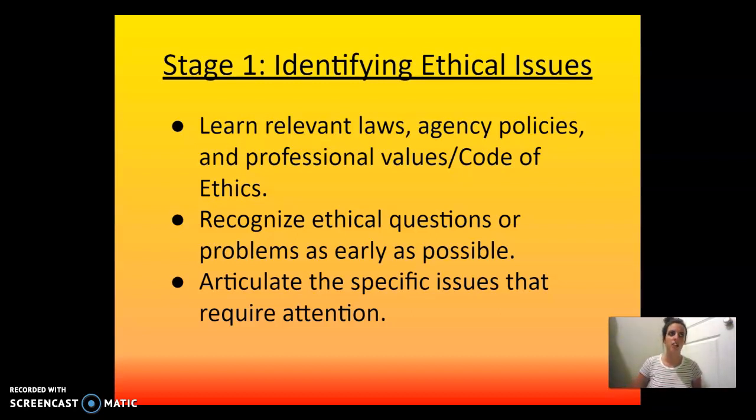It can come back and fall on us, even though we might not have done the ethical violation. Not addressing the problem early on can contribute to the problem, and it can put our licenses in jeopardy. So you want to address it as soon as possible, both for the sake of the client and for yourself.